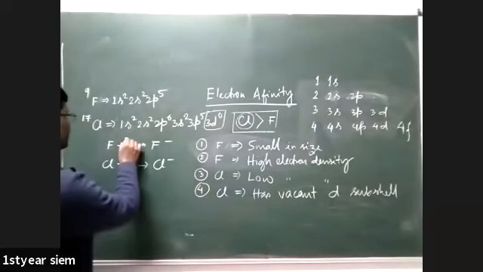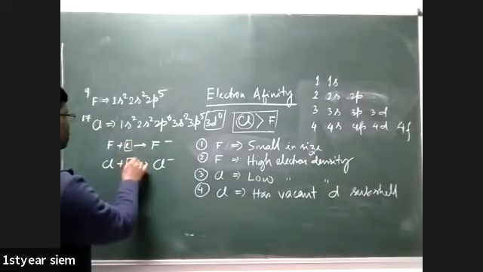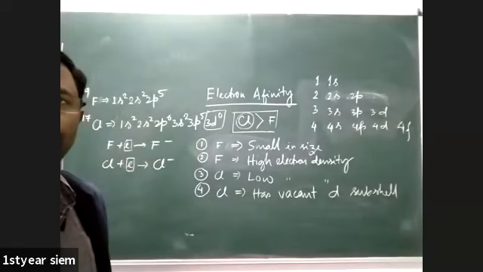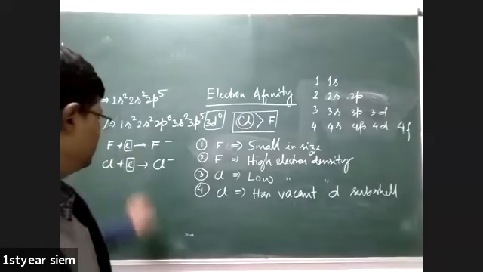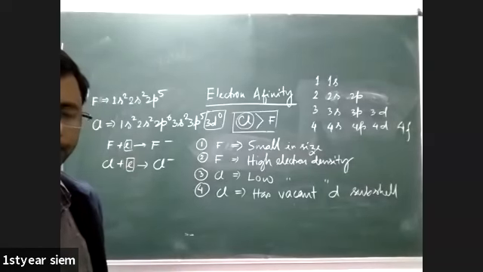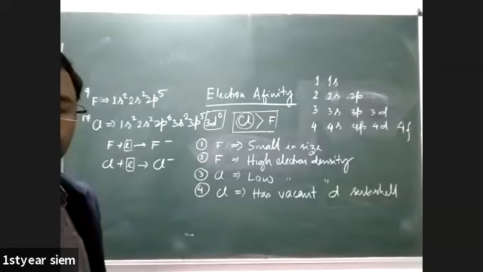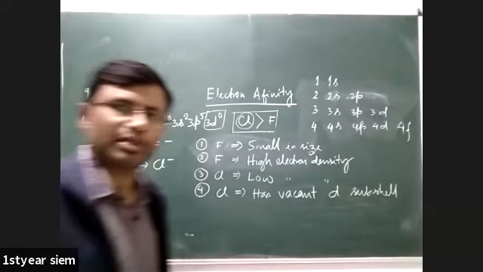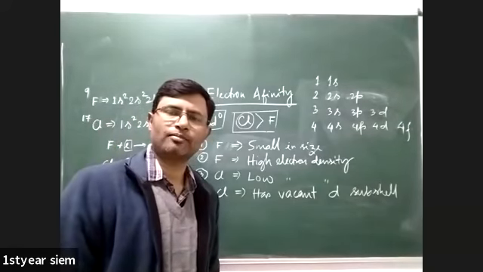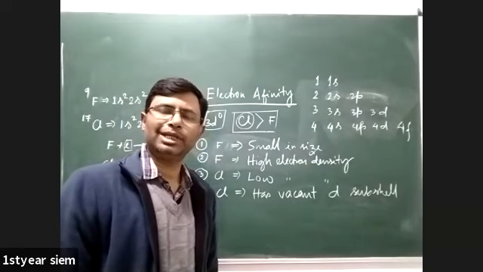Now an extra electron is coming into the atom, so if there is a vacancy in the atom, meaning electron density is low, then the electron will come easily. There will be less repulsion.